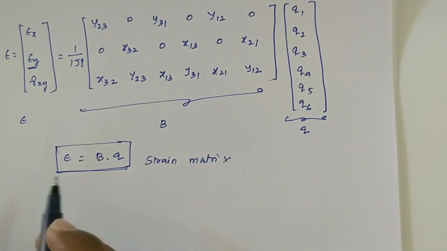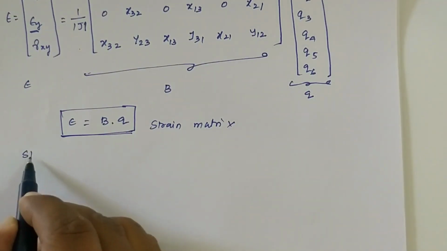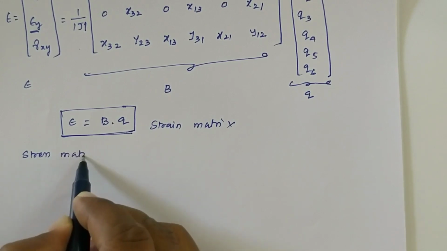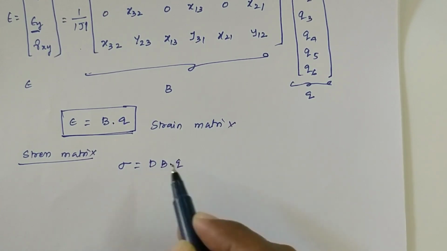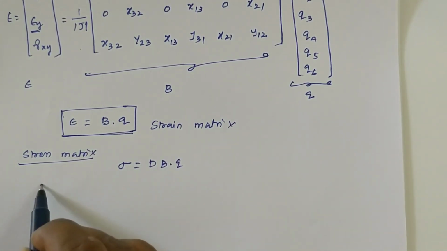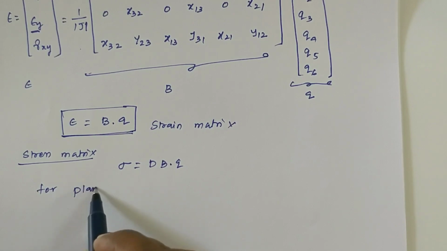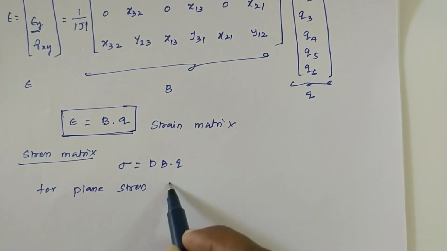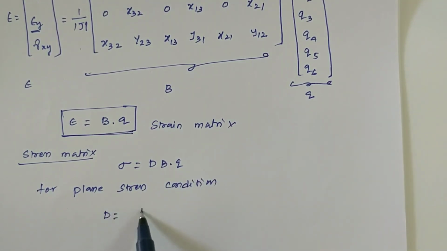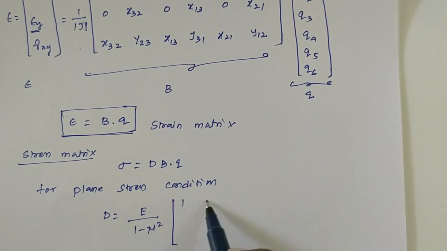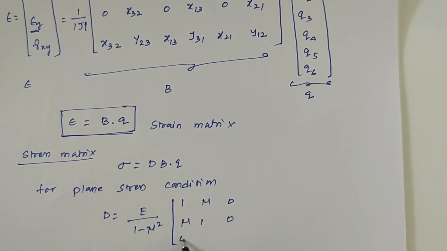And if you want to find the stress matrix, we write sigma is equal to D into B into Q, and for plane stress condition, the D matrix can be written like this: E divided by 1 minus mu square, 1 mu 0, mu 1 0, 0 0 1 minus mu divided by 2.